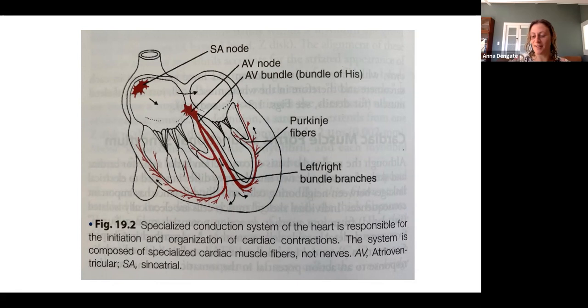It's essentially Wolff-Parkinson-White, which is the human name of this condition. We call it SVT, supraventricular tachycardia.